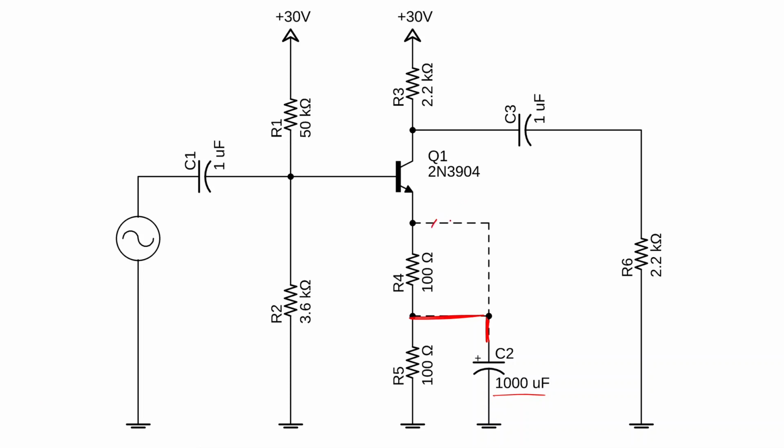We are not going to explore what happens when you connect the capacitor directly to the emitter, as that requires a little more math than we want to get into in this introductory video. With that said, let's calculate the gain when C2 is not installed.